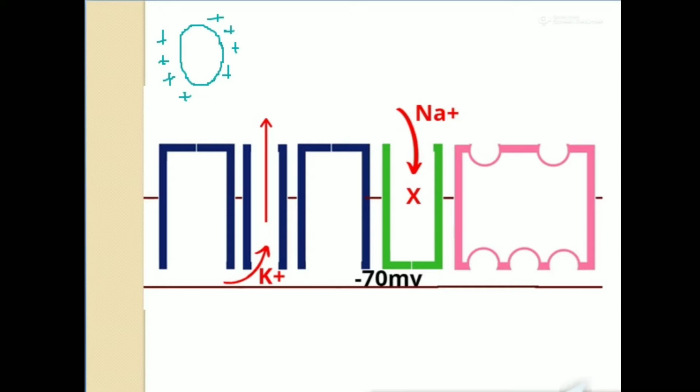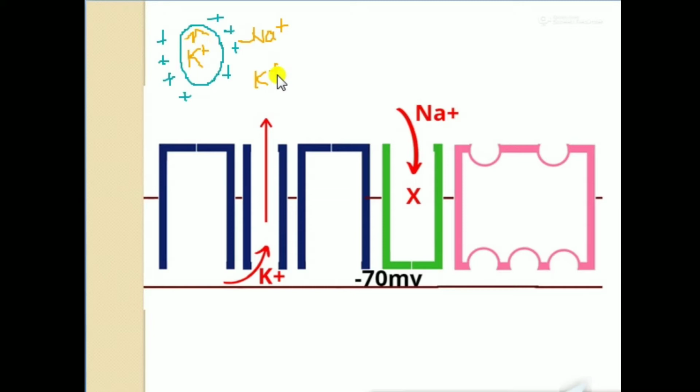In nerves, the sodium concentration on the outer side is much higher than on the inner side, but the concentration of potassium is much higher on the inner side as compared to the outer side.